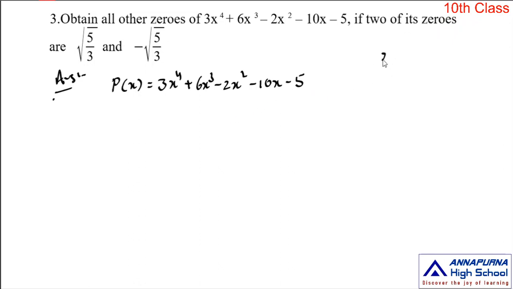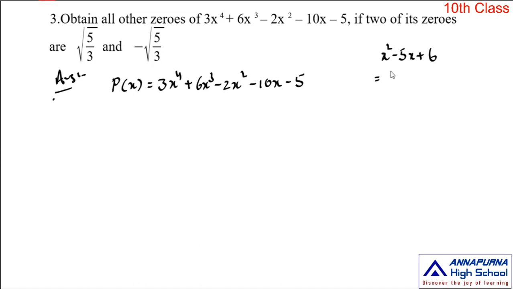Generally, when you take a quadratic polynomial x^2 - 5x + 6, how to find its zeros? We have only one algebraic method: factorize this quadratic polynomial, that means present it as a product of two linear factors.